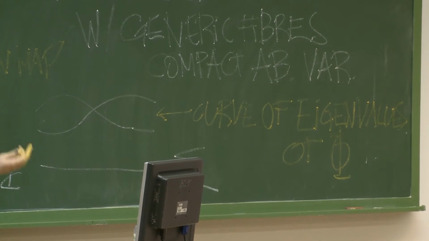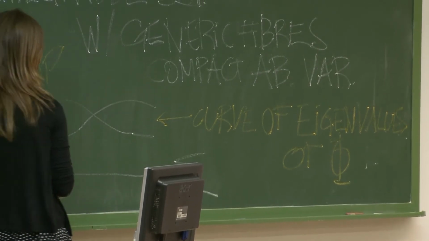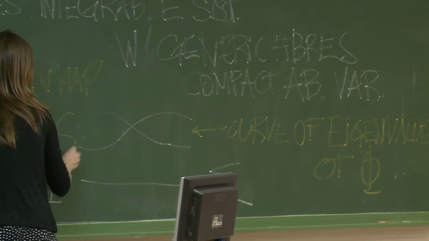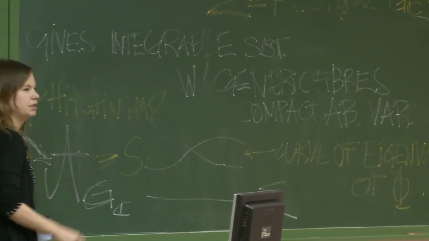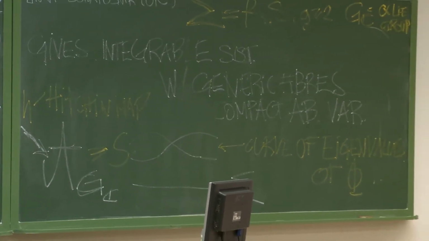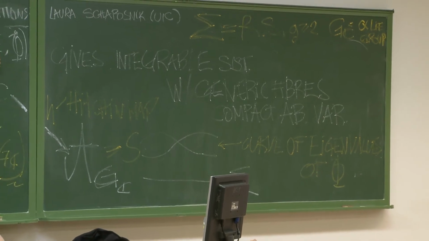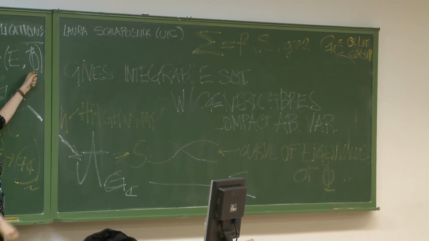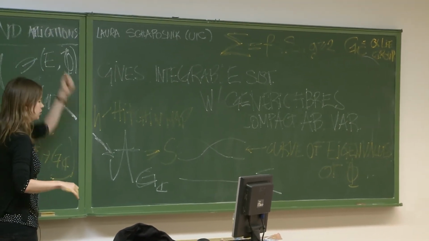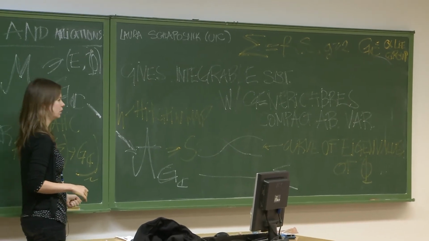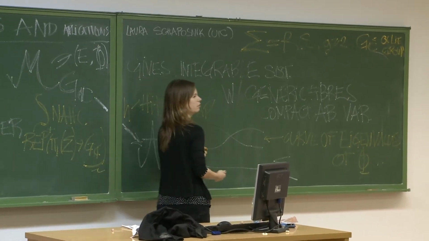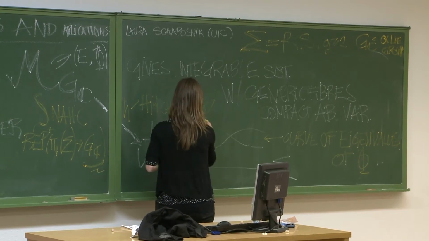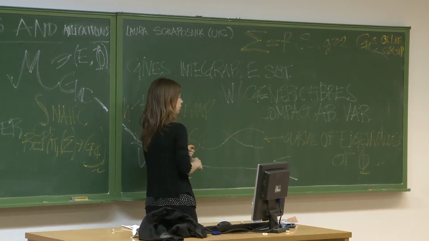I look at the characteristic polynomial and take the eigenvalues, this curve that I'm going to call S, this is what gives me a point in the base. So every Higgs field that you take, you forget the bundle, you look at the Higgs field, you look at the curve of eigenvalues, and you send it to that curve of eigenvalues. The point will be generic if this curve is generic. So you'll be in a smooth point if the curve is smooth.